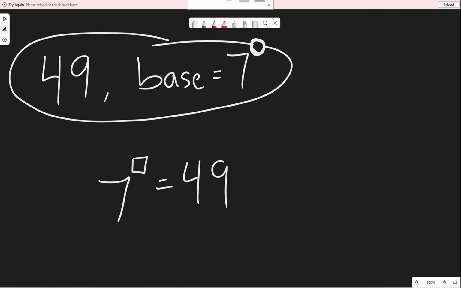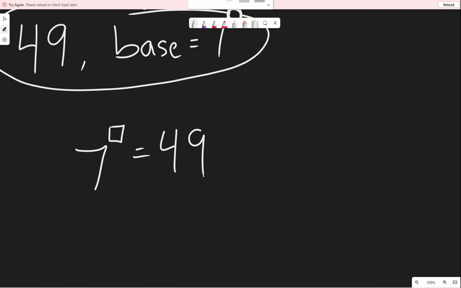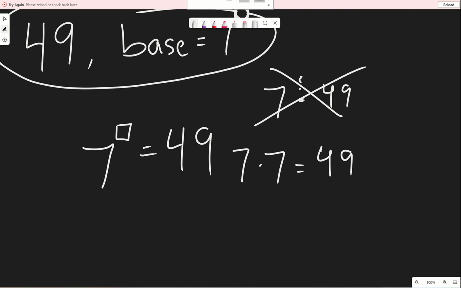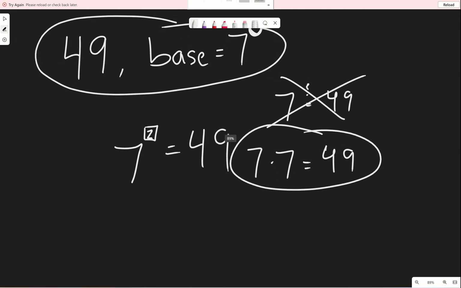Well, let's start by just listing off what it could be. 7 by itself to the power of 1. Is that 49? No, of course not. 7 is not 49. What about 7 to the power of 2? 7 times 7. Is 7 times 7 49? Yes, 7 times 7 is 49. So I know that my exponent will be a 2 to make this equation true.